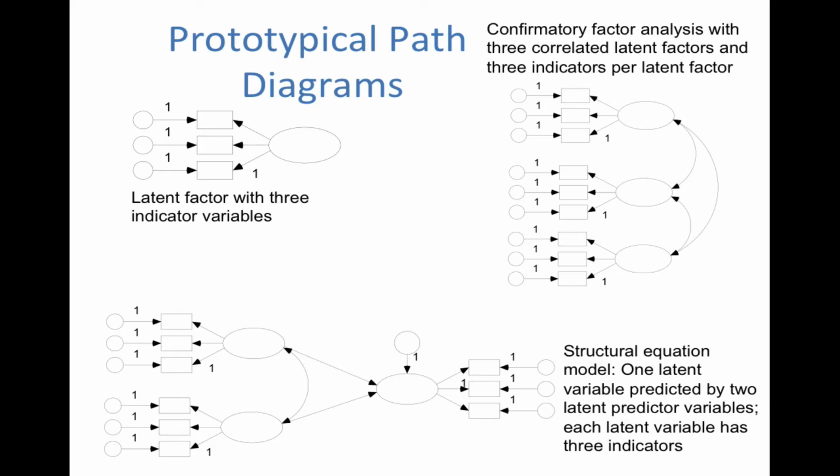For each of these domains, you've got 3 observed items. So we've got this far left structure, but applied for each factor. We're estimating these latent variables, and in turn, we can estimate the correlations between the latent variables.